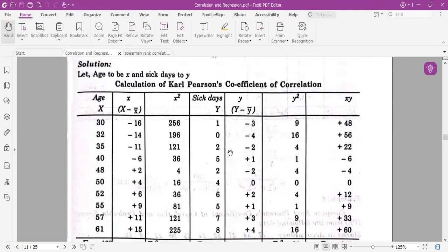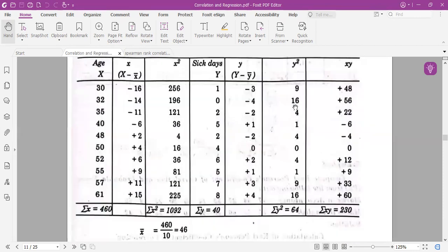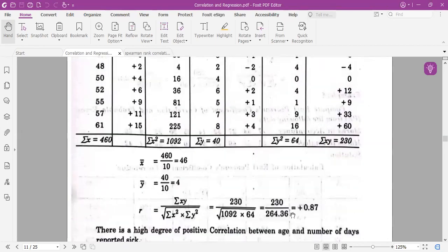Similarly, for Y you have to take a deviation. Small y is equal to capital Y minus Y bar. Then you square that small y, which comes to y square. Then you take the sigma y square value. Please remember, in case of actual mean, if you are calculating the correlation value, you have to use this particular formula.